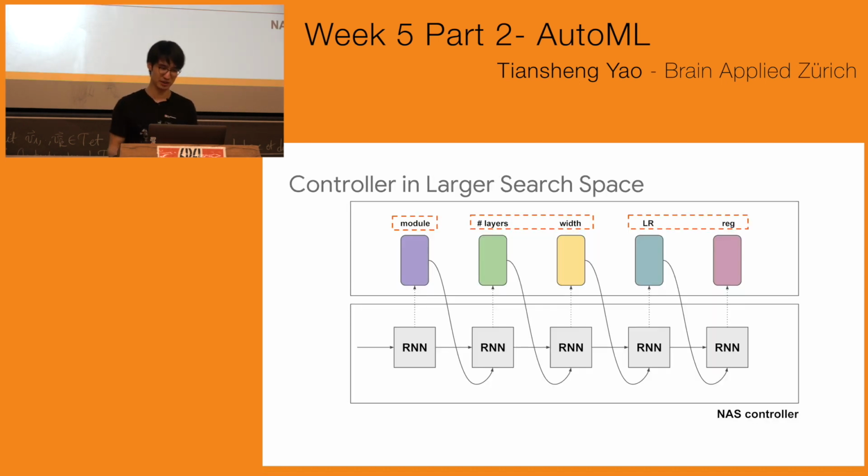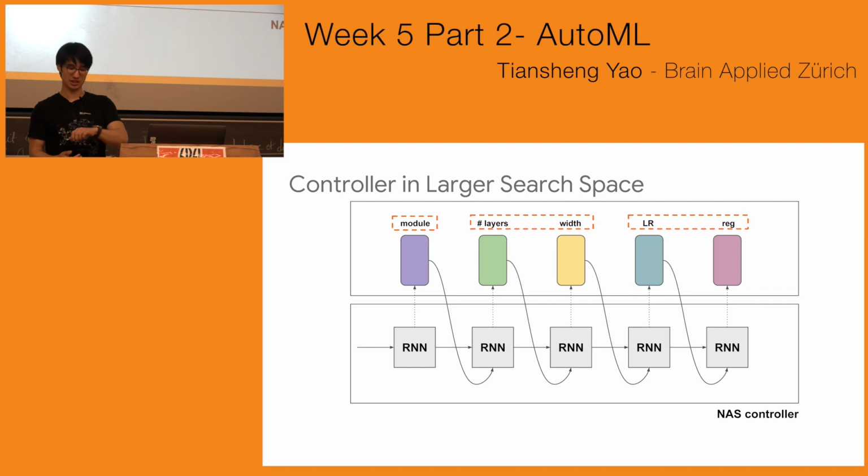So let's go back to the controller in the large search space. If you remember how we started our lecture, we have feature engineering, model architecture and hyperparameters. How do they fit into this big picture? You can have your controller sampling from different spaces, not only limited to the cell structure.